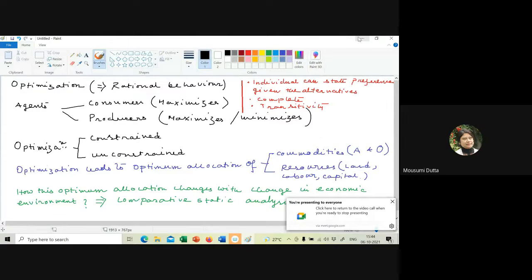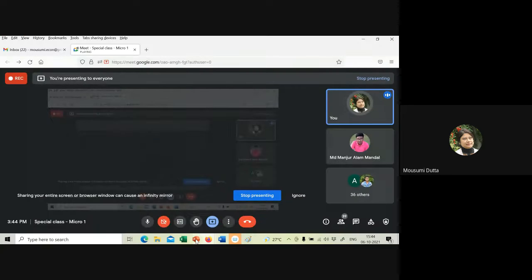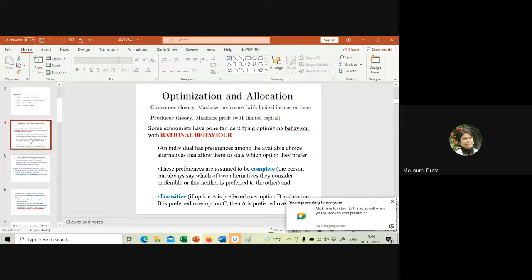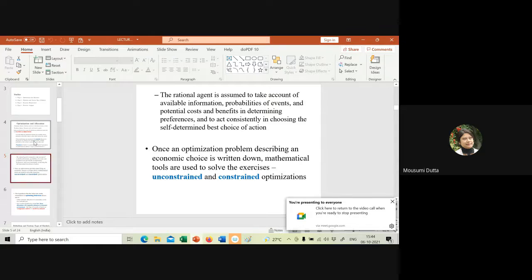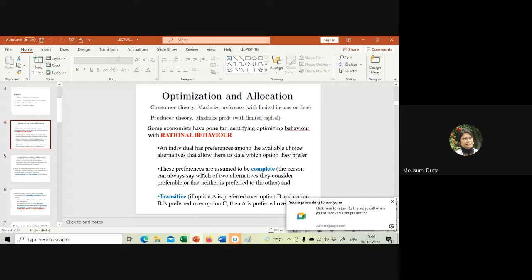No, completeness in choices is related to preferences, which are assumed to be complete. The person can always say which of the two alternatives they consider preferable, or that neither is preferred to the other. That is what the other boy said.